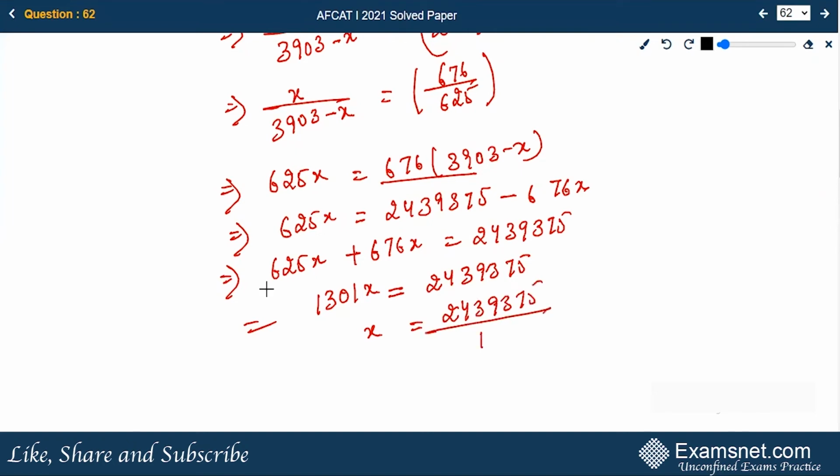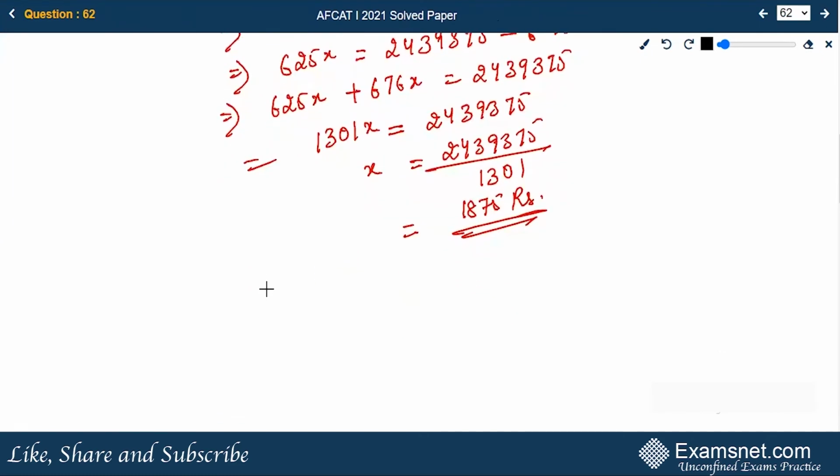this term divided by 1301, which gives you 1875 rupees. This is the value of the first investment, and the second investment is 3903 minus 1875, which is equal to 2028 rupees.